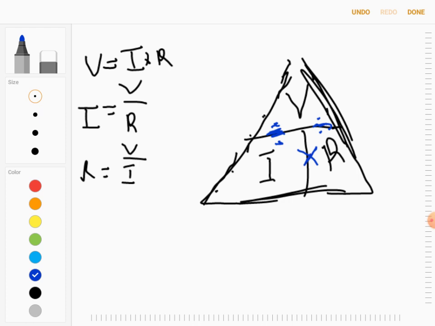So whichever one you circle, whatever you're trying to find, so you can circle V if you're trying to find V, look at the other 2 and see what it is. So I times R, but if you're trying to find the current, then you can see that it's V divided by R. Or if you're trying to find the resistance, then you can see that it's V divided by I. If that's too confusing, just try to remember those equations. But that is Ohm's law, and that's important when you're solving problems.